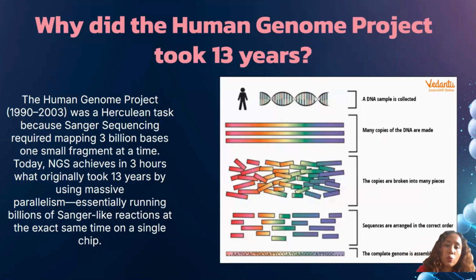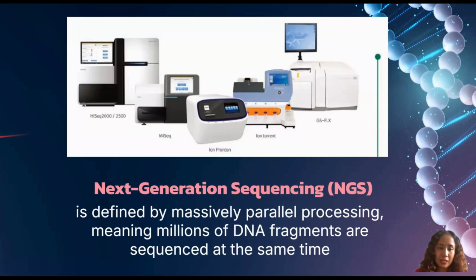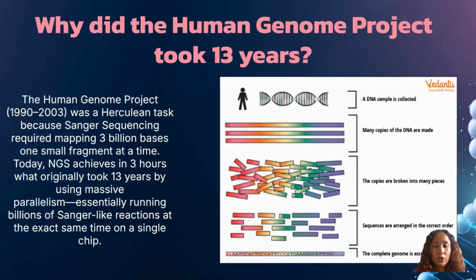Okay. So why did the Human Genome Project take 13 years? Oh, it took a very long time because they were only using the manual method of Sanger sequencing. So they were reading up to 3 billion bases. So it took around 13 years and they spent a lot of money and time.